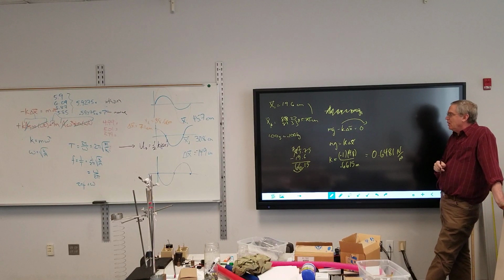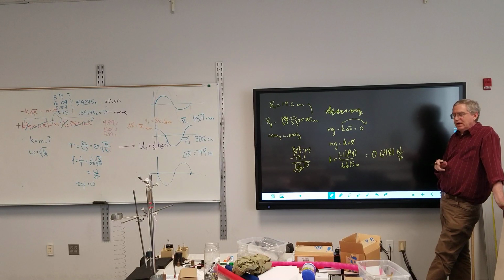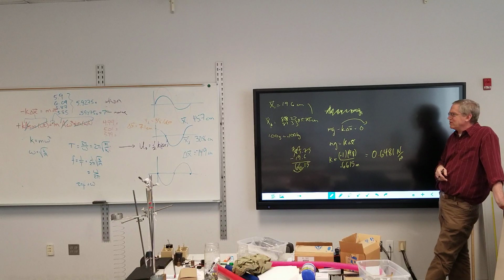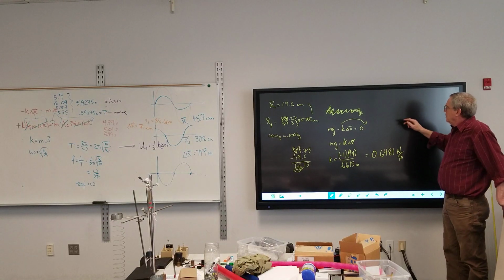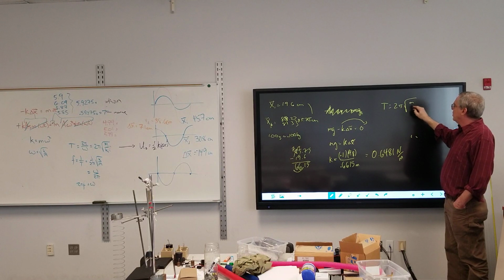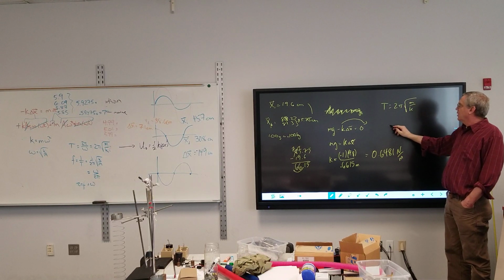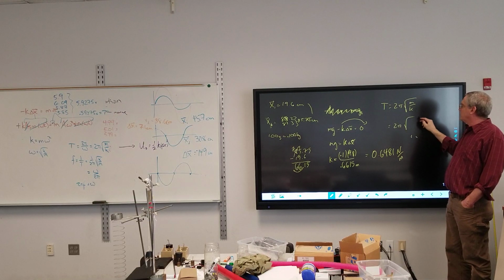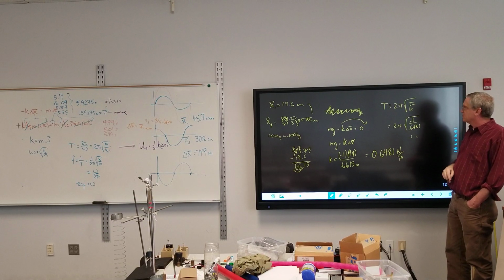We have the spring constant now. I have the 100-gram mass on there. If I pulled it down and oscillated back and forth, what is our period? Well, I know that my period is 2 pi times the square root of m over k, which is 2 pi times the square root of 0.1 over 0.6481.